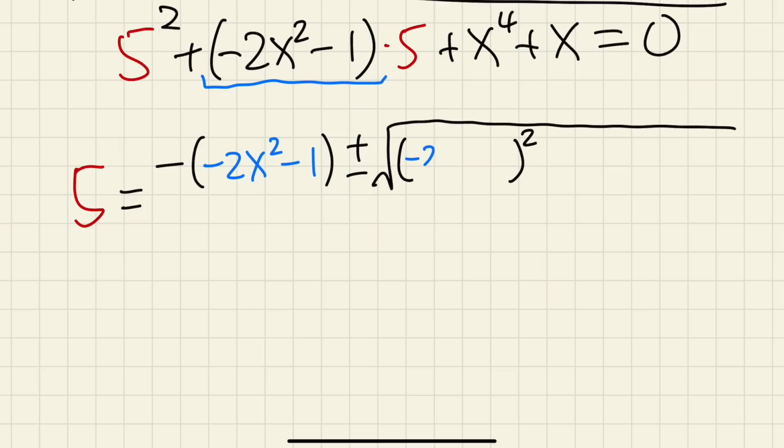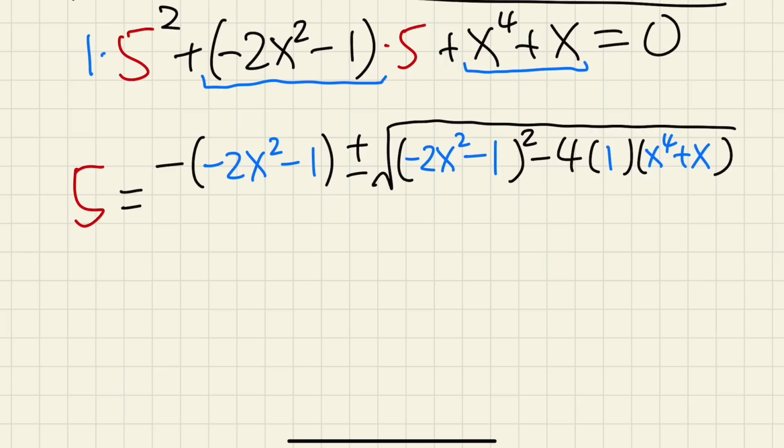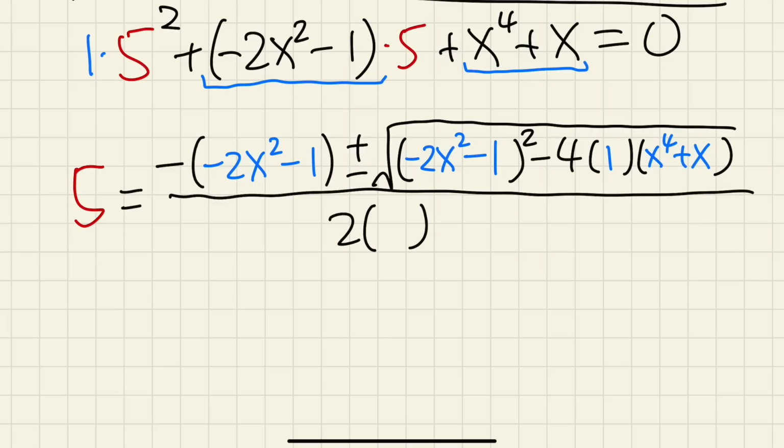B is again negative 2x squared minus 1. And then minus 4ac. A is the coefficient of 5 squared, so that's 1. And c is the term that has no 5. So that's x to the 4th plus x. All divided by 2 times a, which is just 1 right here.